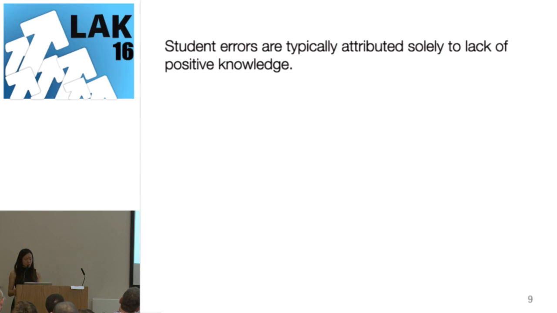So when students make errors, though, as seen in the previous example I just showed you, student models will typically respond by lowering the likelihood that the student has the relevant positive knowledge component. So it is true that sometimes errors reflect a simple lack of knowledge about how to do that kind of problem step. But oftentimes, students make errors that reflect a thoughtful but incorrect strategy.